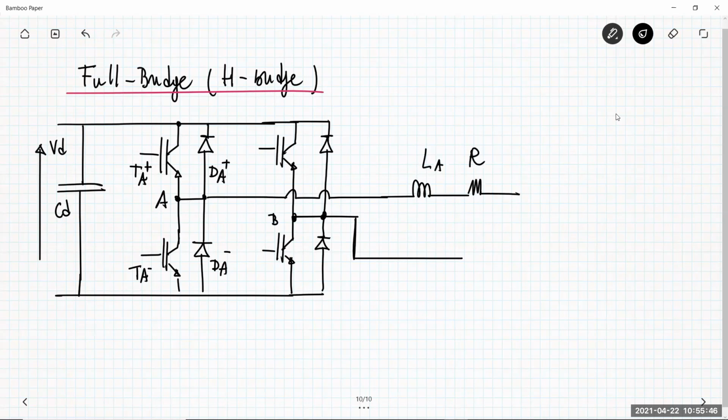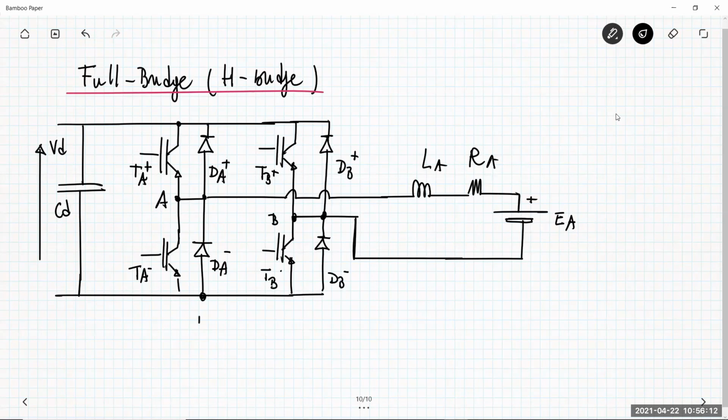Let's consider again the DC motor. So this is the model of our DC motor: back EMF, steady state condition, etc. This is called TB plus, TB minus, DB plus, DB minus.